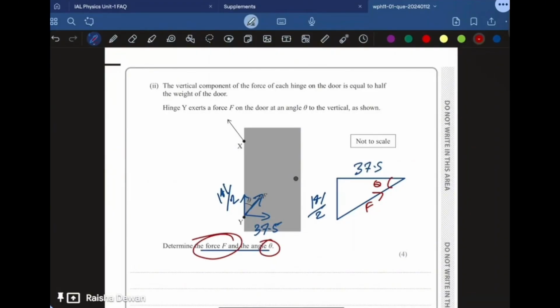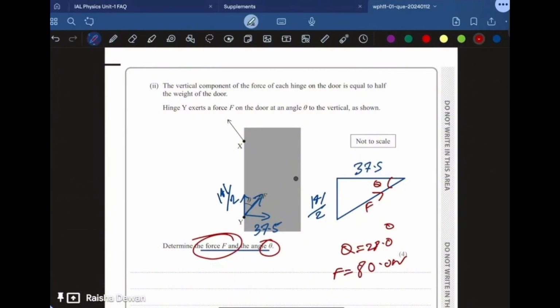You can use Pythagoras theorem to figure this out. So this is not an issue, I think. If you use the Pythagoras theorem, what will be the answers? Let me check the answers first. So our theta value will be 28.0 degrees and our force will be 80.0 Newton. So these two will be important for the next part.